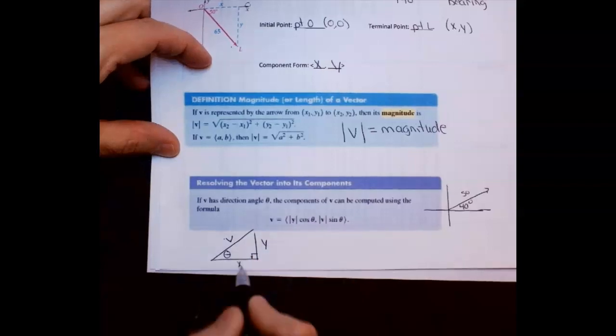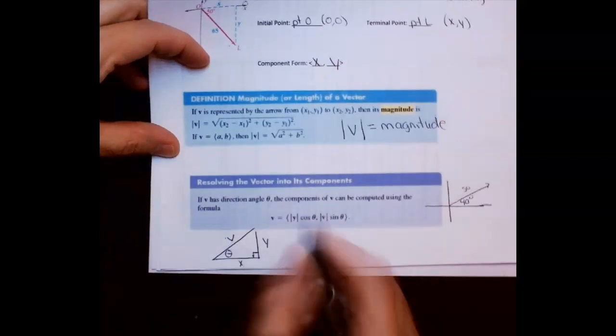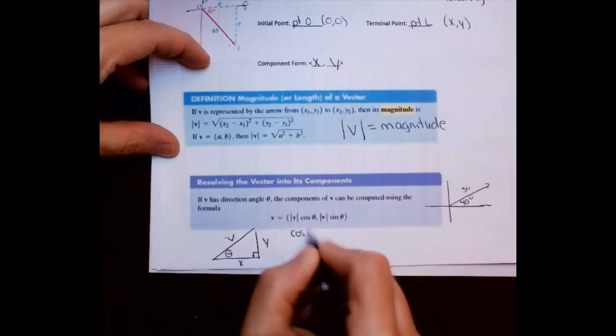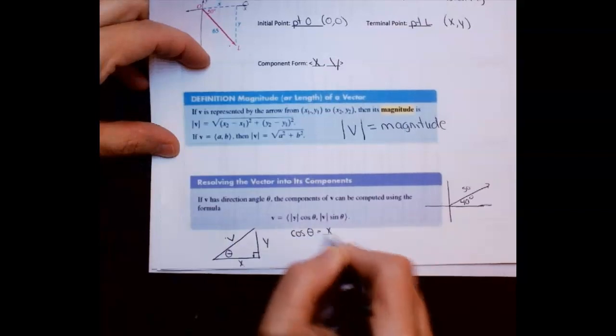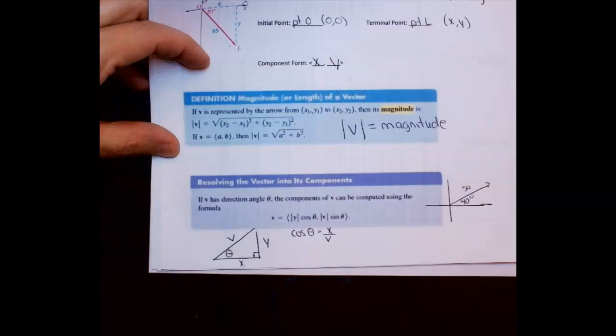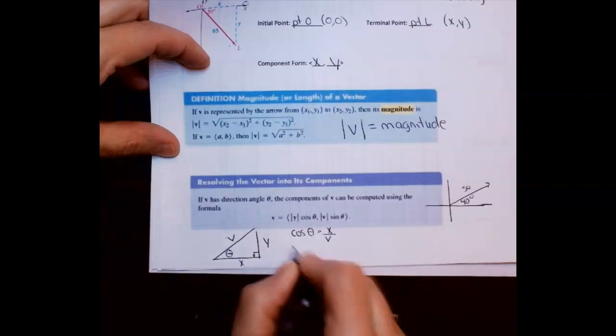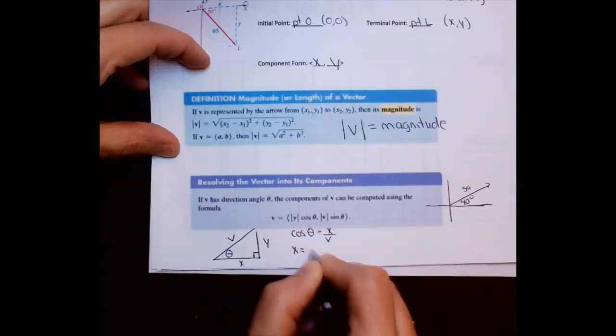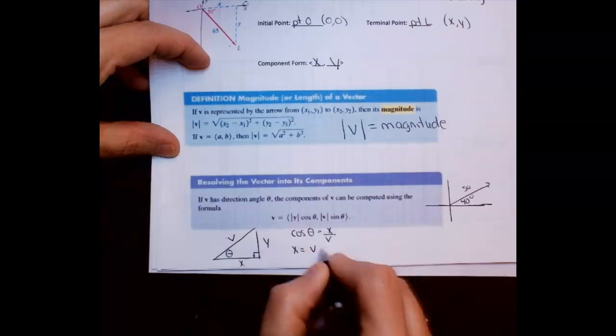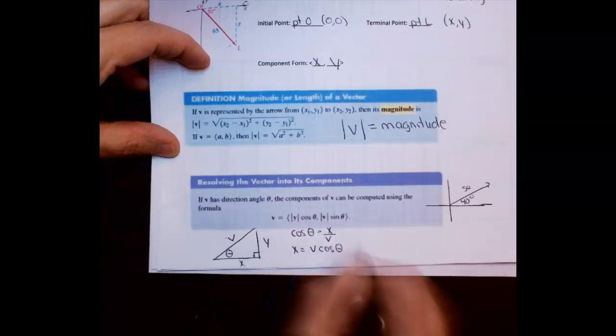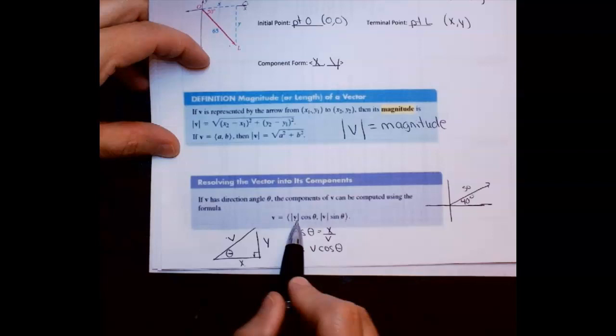Think about this as adjacent over hypotenuse, so that would be cosine. So cosine of theta equals x over V. When I solve this, my x component is V, which is that magnitude, times the cosine of theta, which is what they have in here.